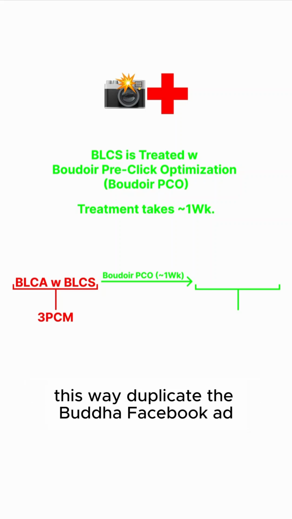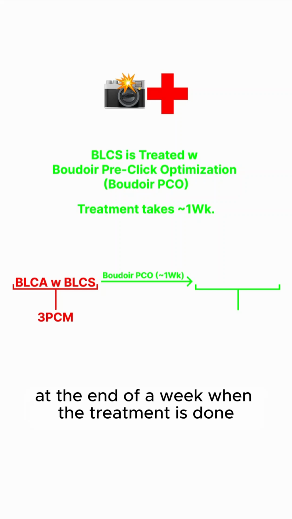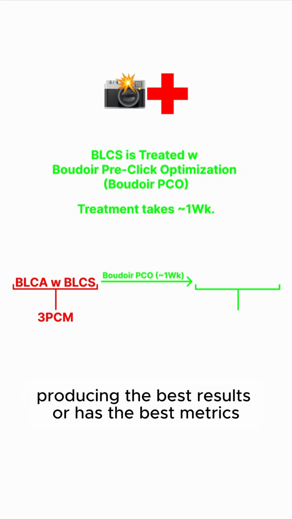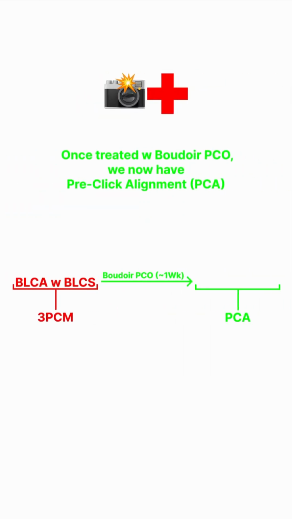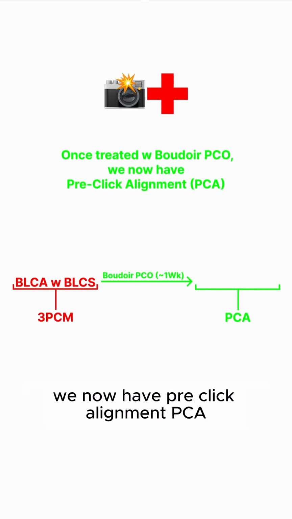This way we duplicate the Boudoir Facebook ad and leave the original as it is. We treat the duplicated one and run it in parallel. And at the end of a week, when the treatment is done, we keep whichever one is producing the best results or has the best metrics. Now, once treated with Boudoir Pico, we have pre-click alignment, PCA.